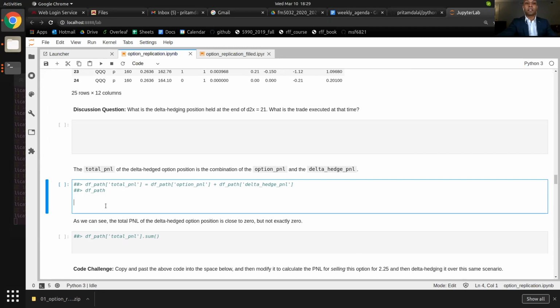All right, so let's calculate the total P&L, which is just your option P&L plus your delta hedge P&L. Total P&L equals DF path plus DF.